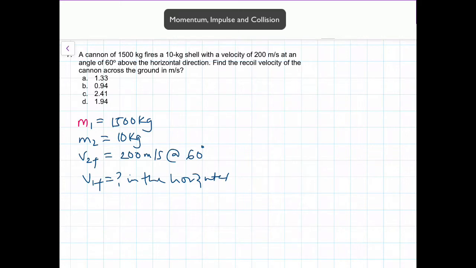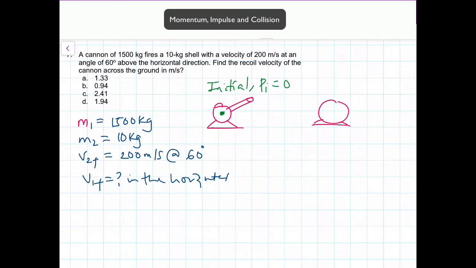In this problem, something you need to pay attention to is that it's somehow similar to the previous problem. How? You have the cannon, and you can draw it like this, and then you have the shell. This is the initial condition, where P initial is 0 because both are at rest, not moving anywhere. But after, what you have is different.